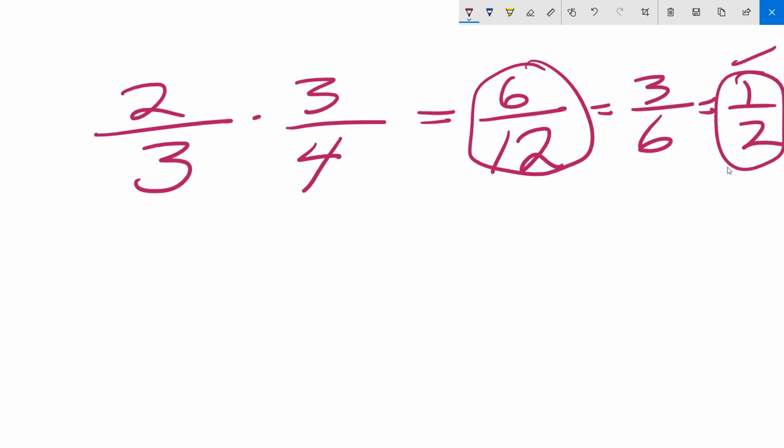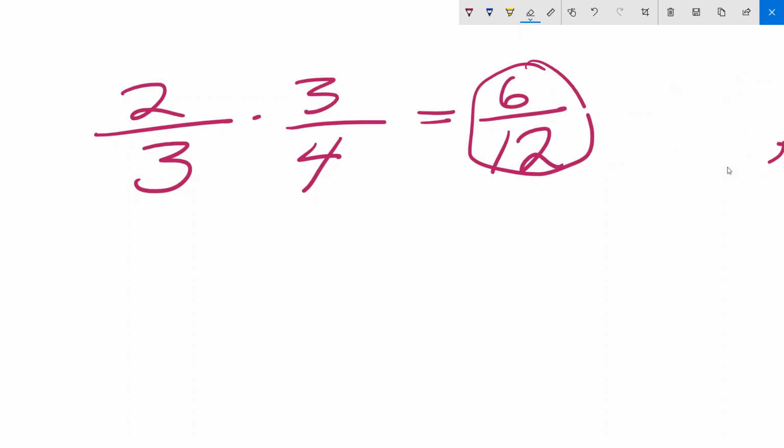Now, how do I turn 6/12 into 1/2 directly? Well, is there a number that divides the numerator and the denominator evenly when I'm looking at 6/12? 2. Yeah. Is there a bigger number? You want the biggest number that divides into both the numerator and the denominator. 3.